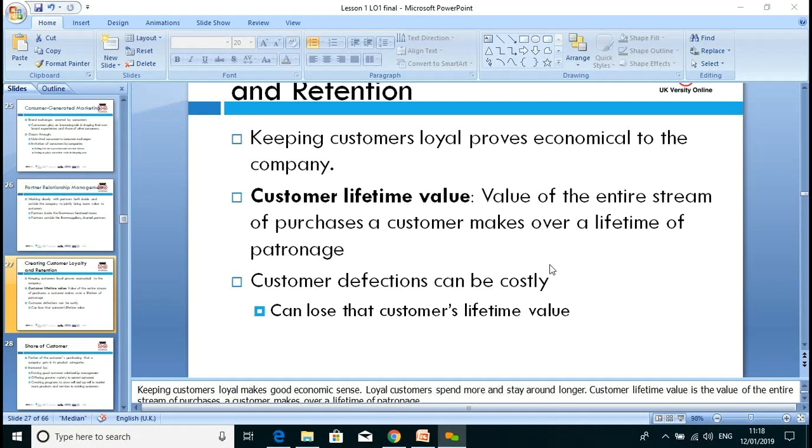Customer loyalty: why is customer loyalty important? If they are loyal, they continue to buy from us. Well done, great. Think about Tesco here in the UK. They launched the customer loyalty card, which helps to keep the customer long. As we keep the customer long with the organization, that helps to reduce the cost. So customer loyalty is very important.